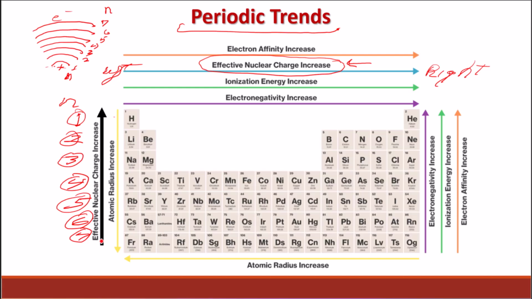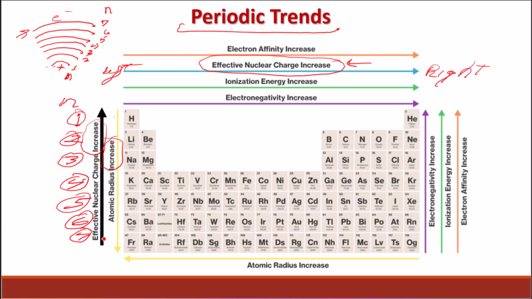Now, I know the arrow here is pointed in the other direction, because we tend to use the arrows to indicate an increase rather than a decrease. So as you go down the periodic table, the atomic radius increases, which means that the effective nuclear charge decreases, because the electrons are getting further away from the nucleus.